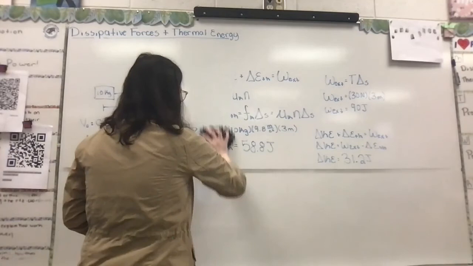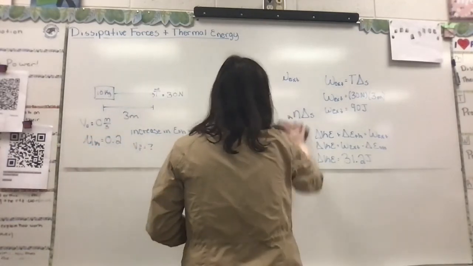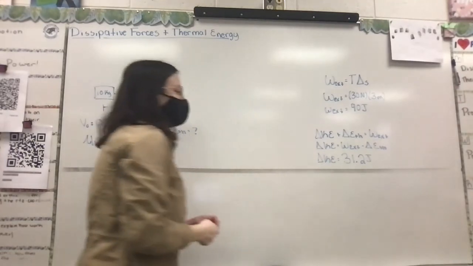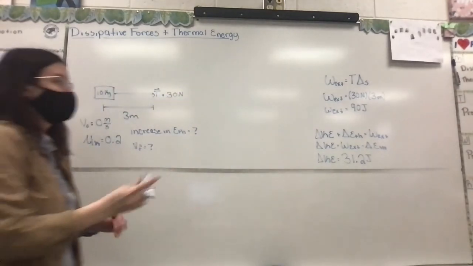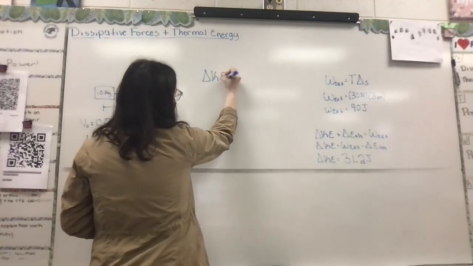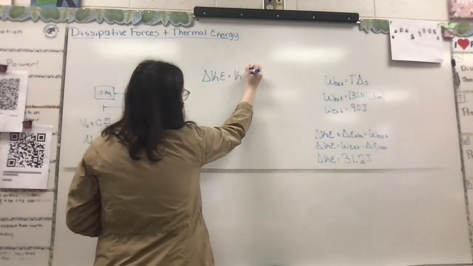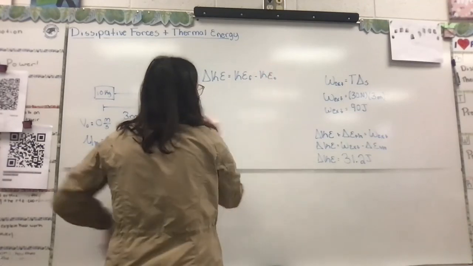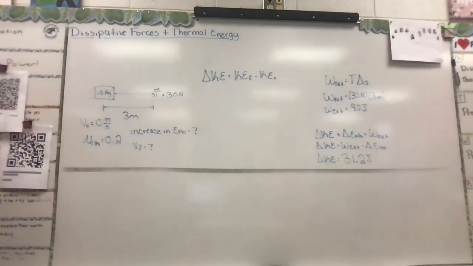I'm going to get rid of this so I can keep doing some math. Our change in kinetic energy is 31 joules, and change in kinetic energy is KE final minus KE initial. What's our initial kinetic energy? 0, because it's at rest.